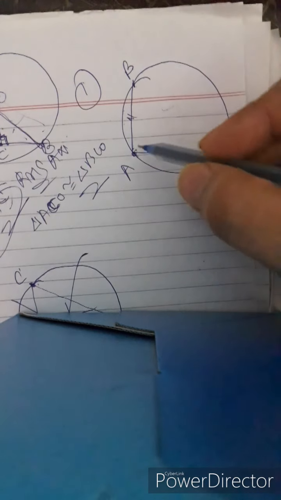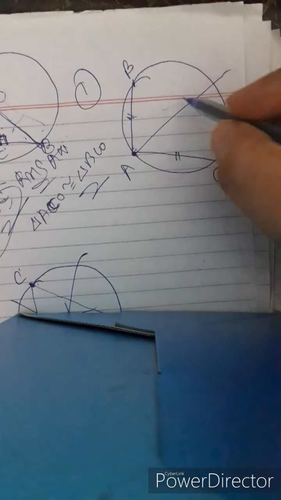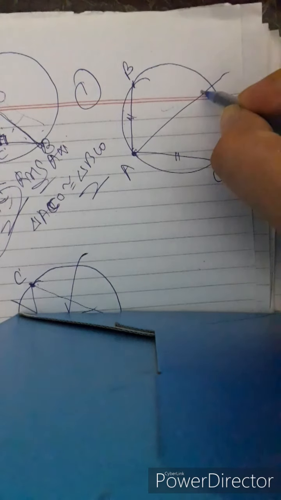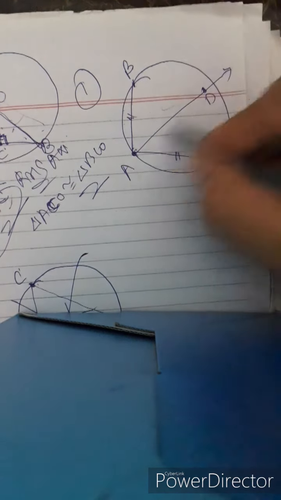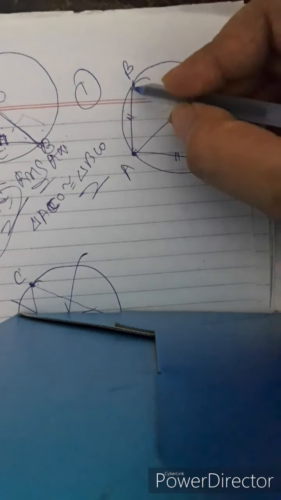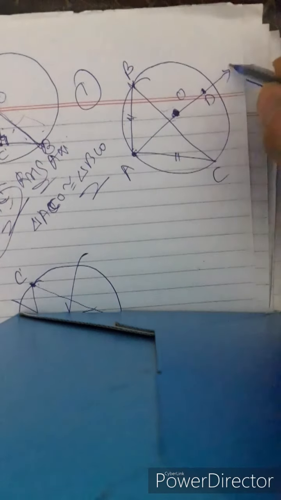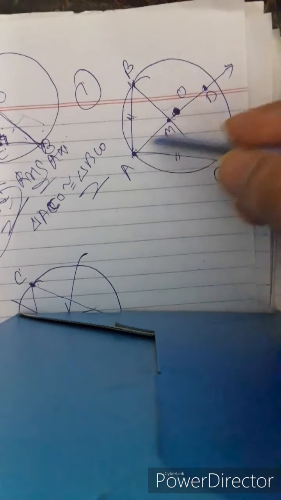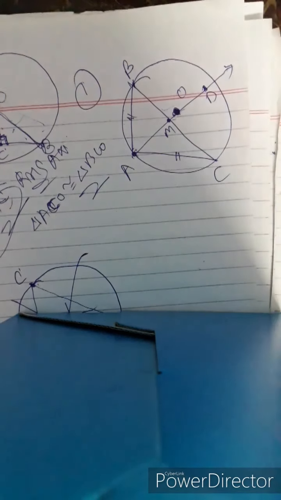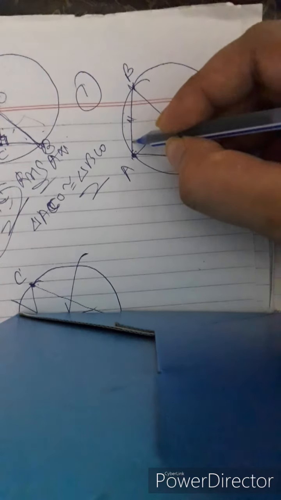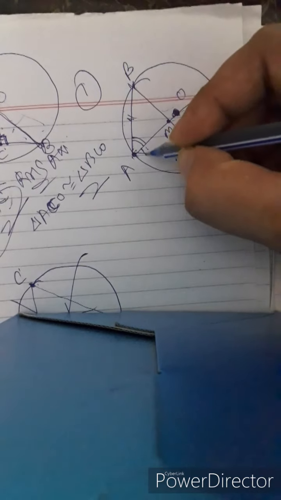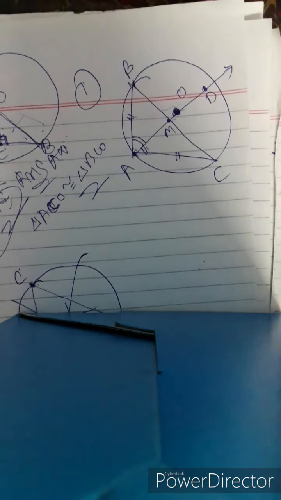So we have to prove that AD passes through center O. We join BC, this is the center O, and let this point be M. We have to prove that AD passes through O, which is the angular bisector, that is, angle BAC is divided into two equal angles, as it is bisected.